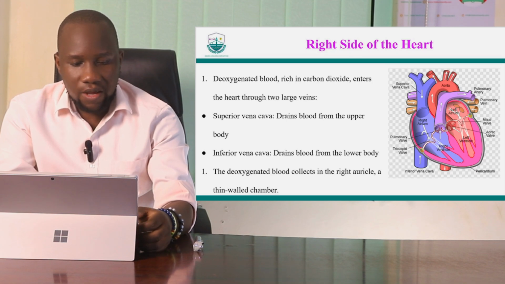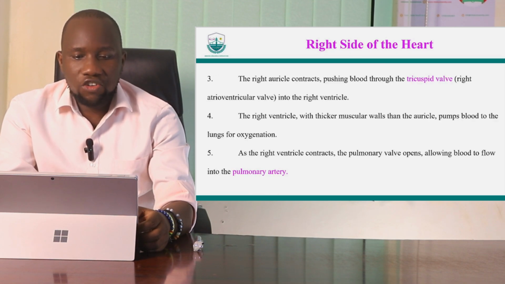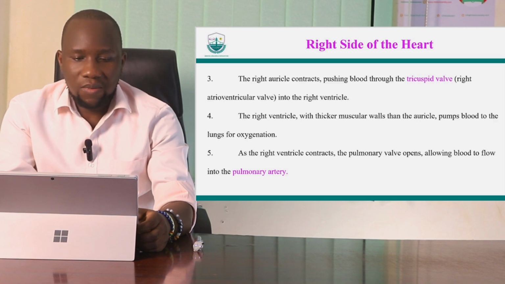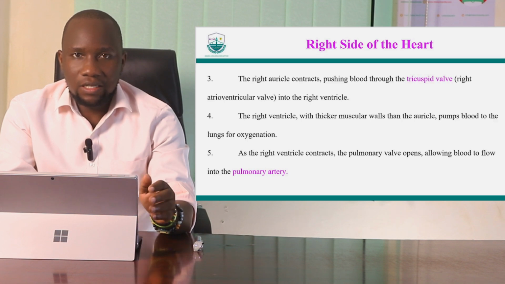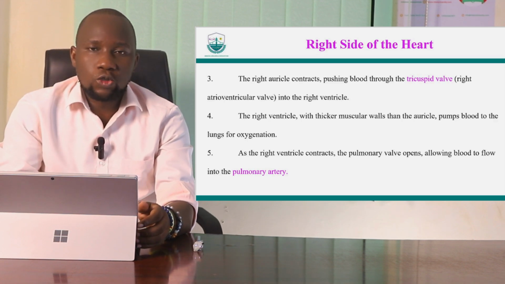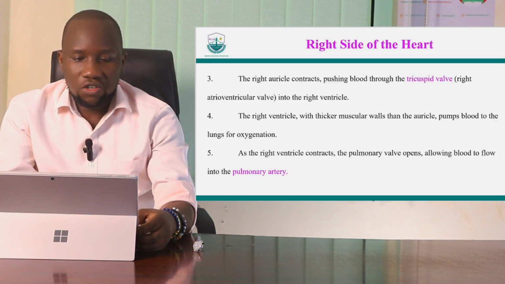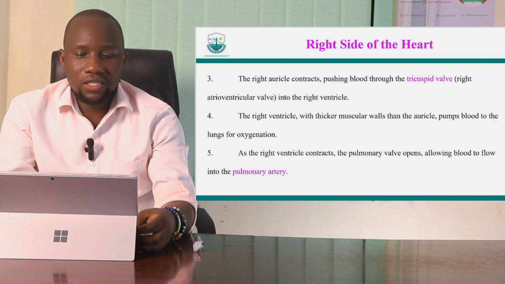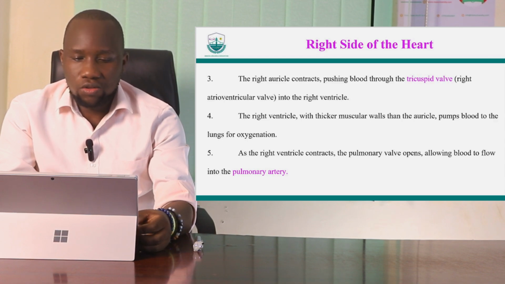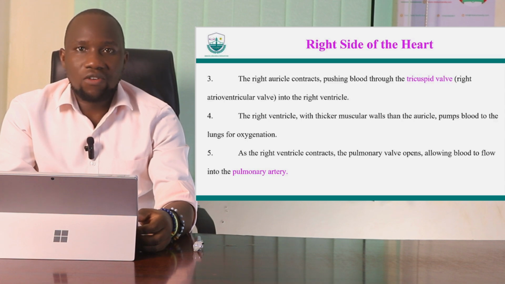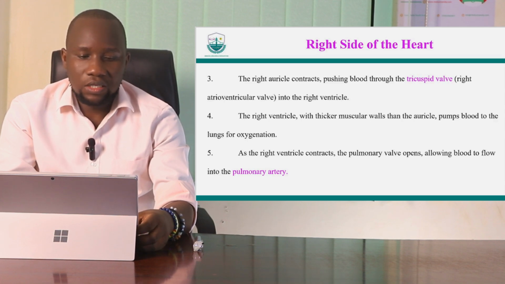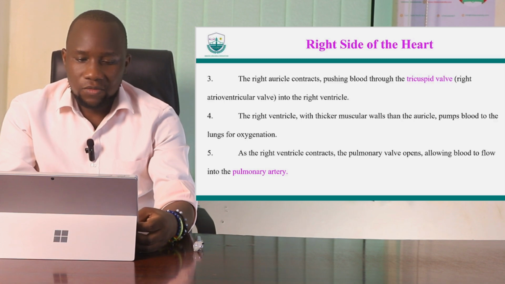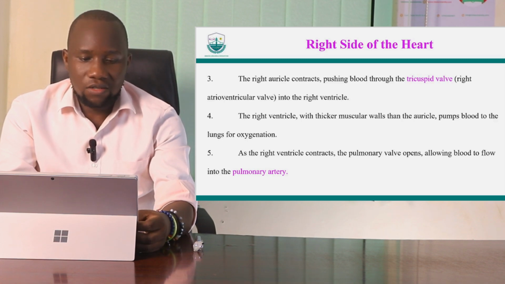Then from the right atrium, contraction pushes that blood through the tricuspid valve that forces the blood to enter into the right ventricle. From there, when the right ventricle contracts, that blood is pushed through the pulmonary valves for oxygenation in the lungs, and that blood is carried through the pulmonary artery.